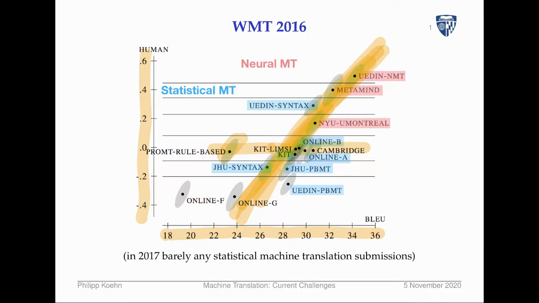And you see in the red here the neural machine translation systems that outperformed the previously best statistical machine translation system. As I mentioned in the previous lecture, syntax-based machine translation systems were at the forefront back then.